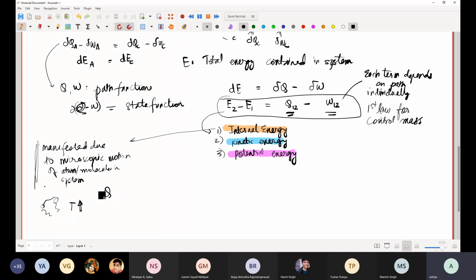So if you give heat to a system, then you are essentially causing the internal energy to go up. A consequence of that is that the number of collisions between the particles, and the RMS velocity of each molecule or atom, has also increased, and the temperature also increases.